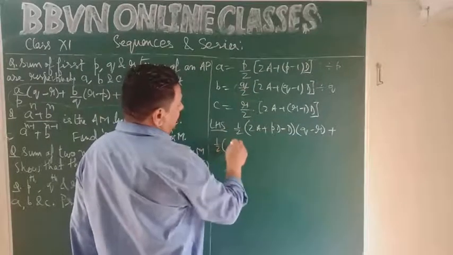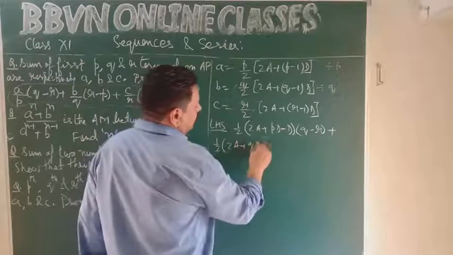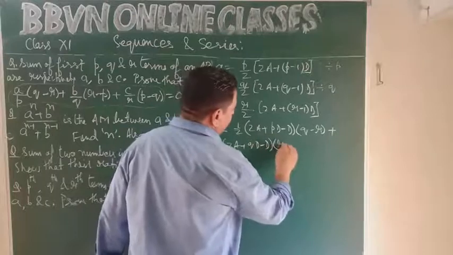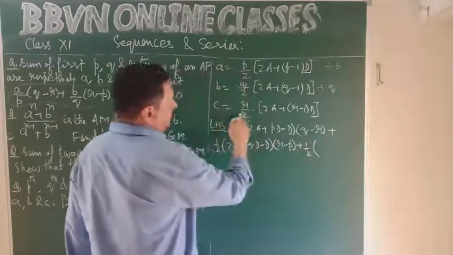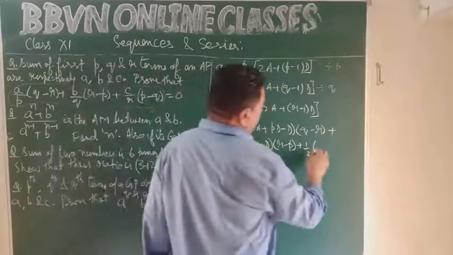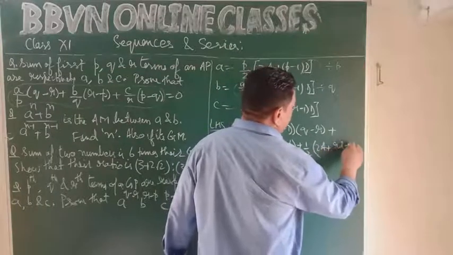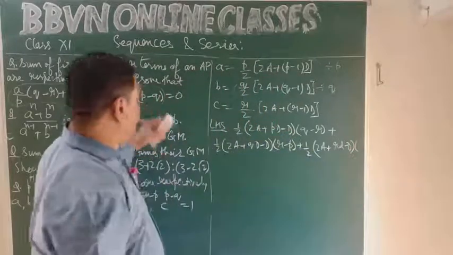Half into 2a plus QD minus D multiplied by R minus P, plus half into... Now this expression is divided by R, so C divided by R. Half into 2a plus RD minus D multiplied by P minus Q.